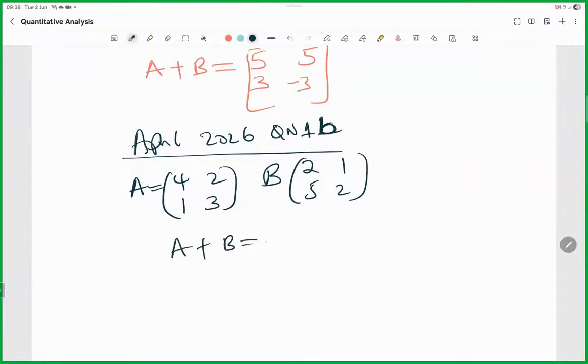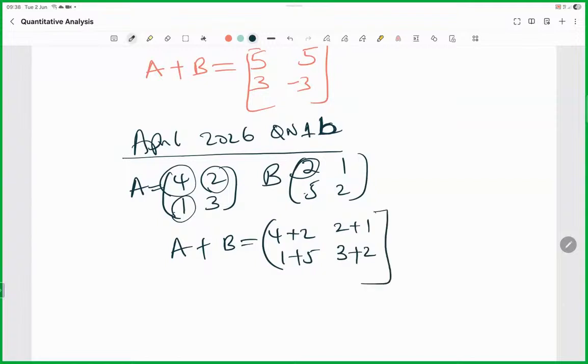So basically, we are adding corresponding elements. Whenever you're adding or subtracting, you work with corresponding elements. So we have 4 and 2, so that will be 4 plus 2. The next one will be 2 plus 1. Then 1 plus 3, 1 plus 5, then 3 plus 2, like that.